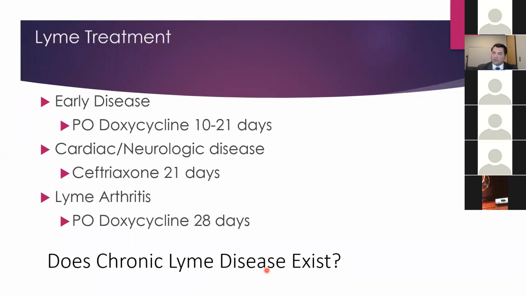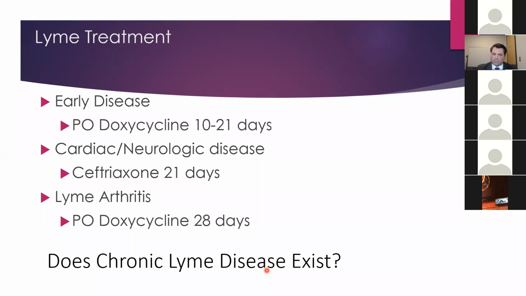And there are other examples within infectious diseases that you can have problems long after the bacteria has been killed. So there can be sequela of Lyme disease, but chronic Lyme disease, as it's been described by websites or by patients, doesn't exist.